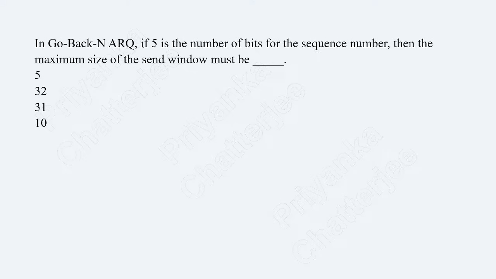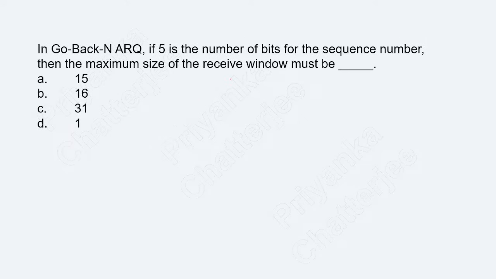And go back N ARQ. If 5 is the number of bits of the sequence number, then what will be the maximum size of the send window? That will definitely be 31, because 2 to the power 5 minus 1. 2 to the power 5 minus 1, that is 31. Very good.